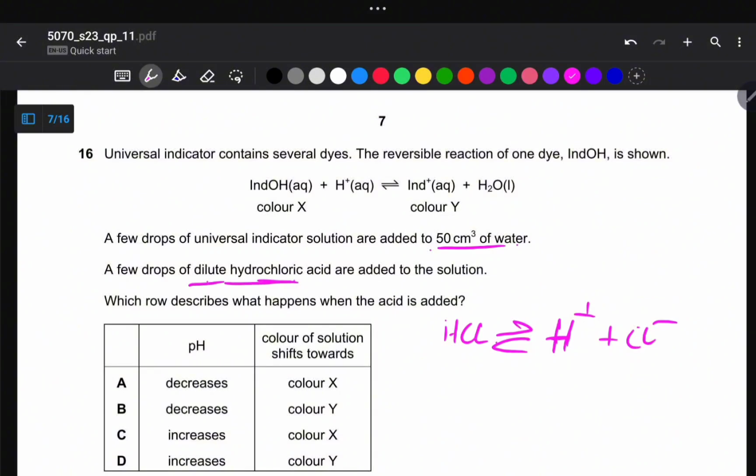According to Le Chatelier's principle, when the concentration of the protons increases, we are going to favor the forward reaction, thereby increasing the intensity of color Y, and also there is an increase in concentration of water, thereby decreasing the concentration of hydrogen ions. So you need to understand equilibrium and apply Le Chatelier's principle. Are we together, guys?